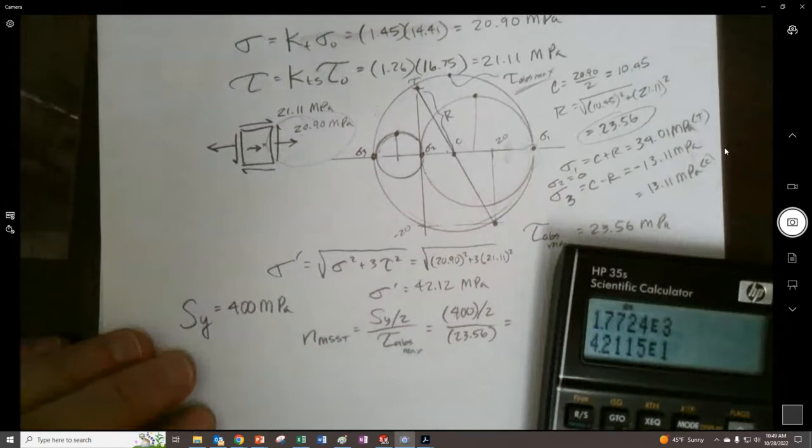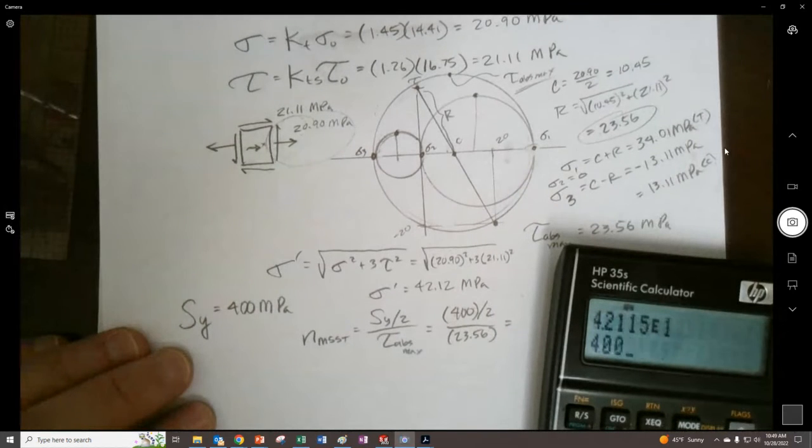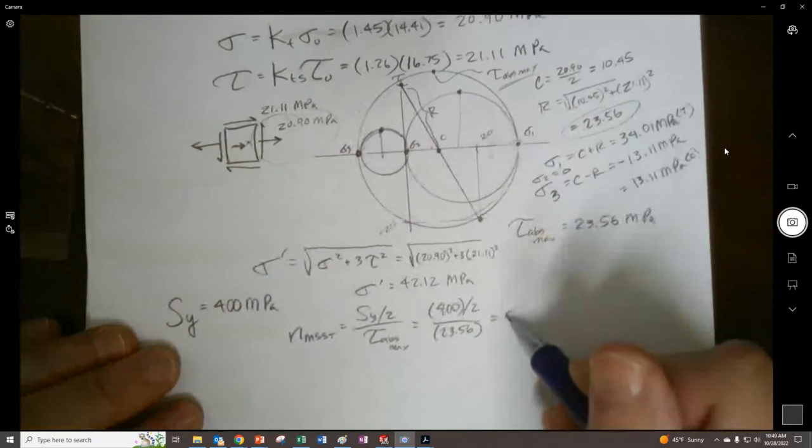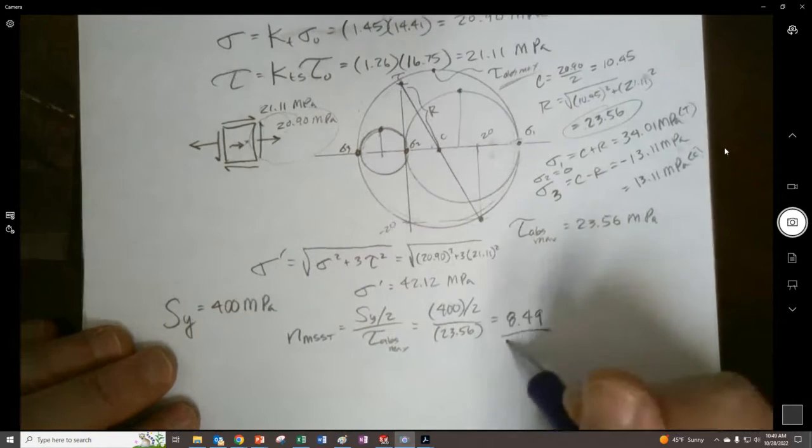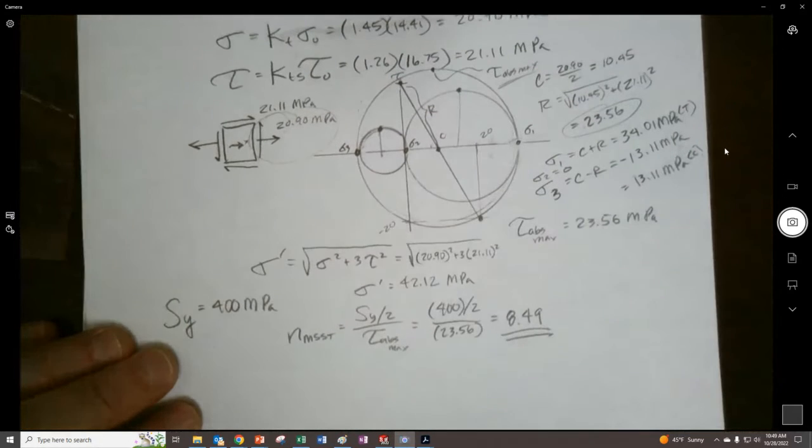So it's going to be pretty safe is what it's going to be. I could just do 200. I didn't have to do that. 23.56. Boom. So we have a safety factor of 8.49, call it, for maximum shear stress theory.